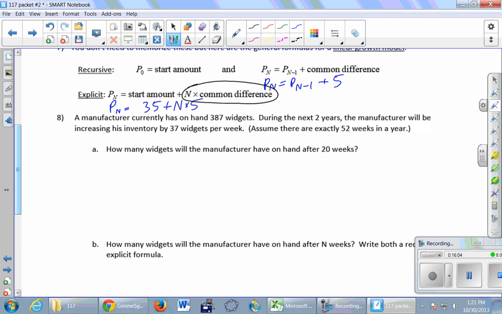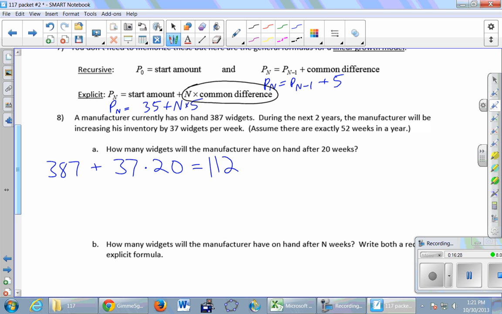So Casey says we're going to take the 37 widgets per week and multiply by 20 weeks. What is that going to represent? How many they made. But then Casey says you have to add 387 to that because that's what we start with. Okay, that seems reasonable.